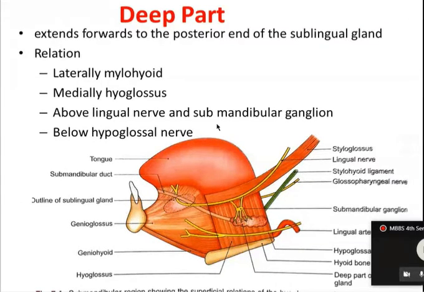This is the hyoglossus in the medial aspect. And above it is related with the lingual nerve and the submandibular ganglion attached with the lingual nerve, and below is the hypoglossal nerve. So hypoglossal nerve inferiorly, lingual nerve with the submandibular ganglion superiorly, medially the hyoglossus muscles, and laterally the mylohyoid, which is removed here. So they are the relations of the deeper part of the submandibular salivary gland.